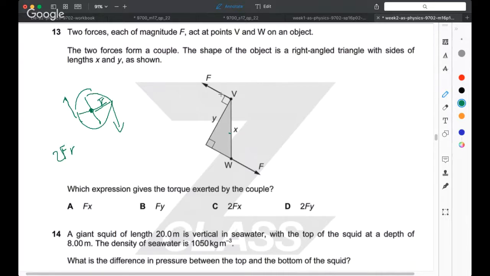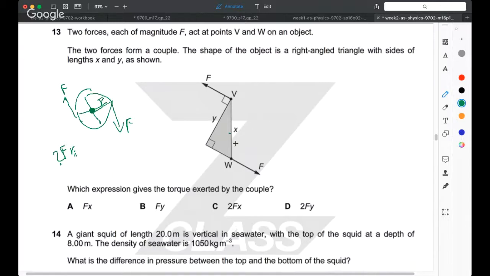But here, how do you calculate it? How do you estimate? Here it's easy because the pivot point is here. So you know the pivot point, you know that this distance is 2 times r. The force is the same, right? Isn't x the pivot point on this one? Where is the pivot point?